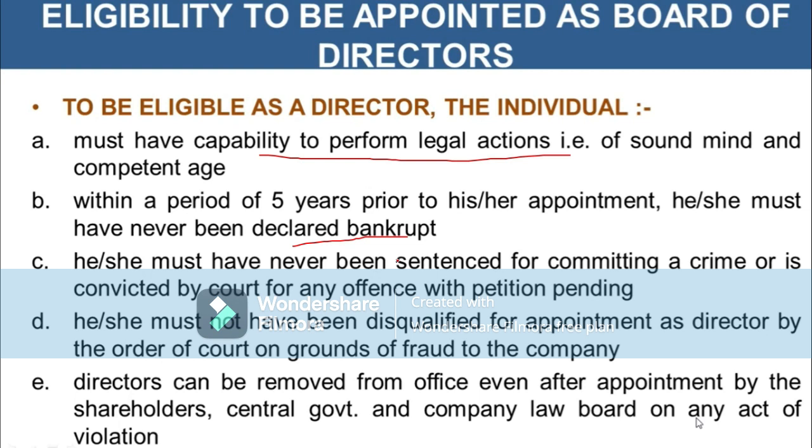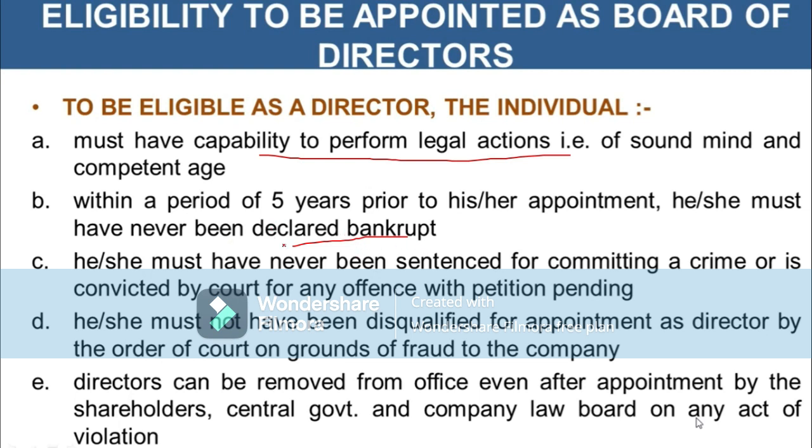Likewise, different aspects will be with directors. So a good code of conduct should be there. In order to know that, this eligibility criteria has been given.